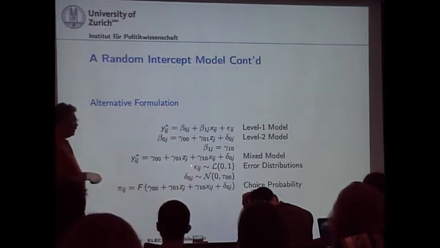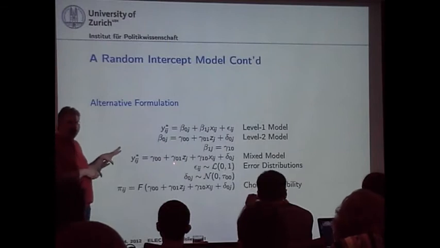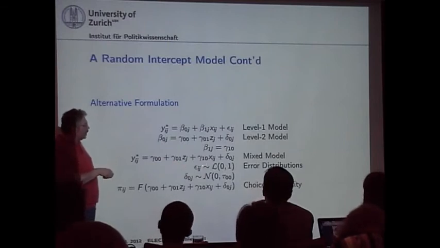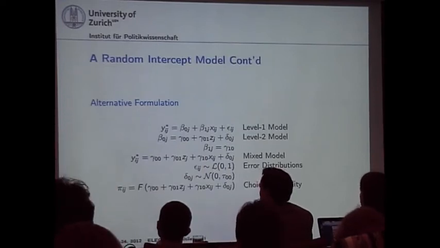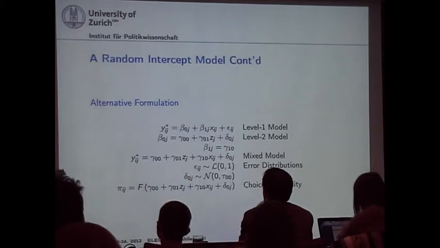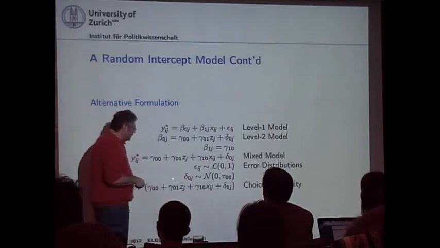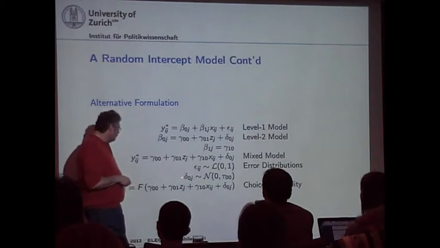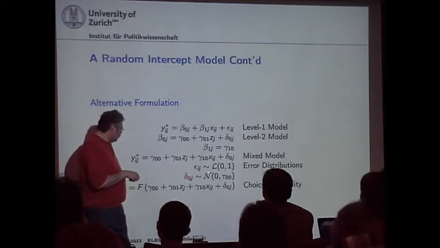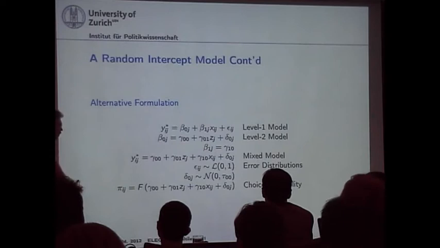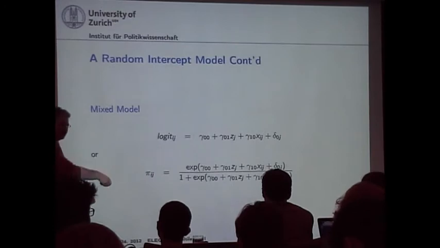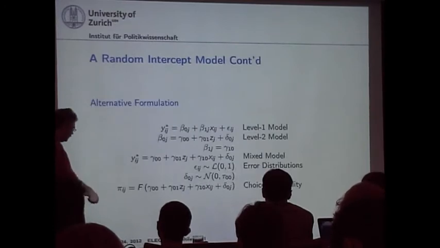Epsilon ij, and this is a difference with the hierarchical linear model, now no longer follows a normal distribution, but a logistic distribution with no variance to be estimated. Delta 0j still follows a normal distribution with mean 0 and variance tau 0,0. And this is then an expression for the choice probability, where instead of writing e raised to the power something over 1 plus e raised to the power something, I just say some function f over all of that.